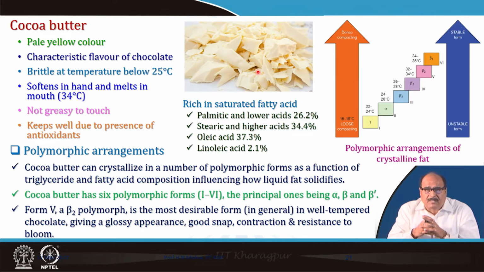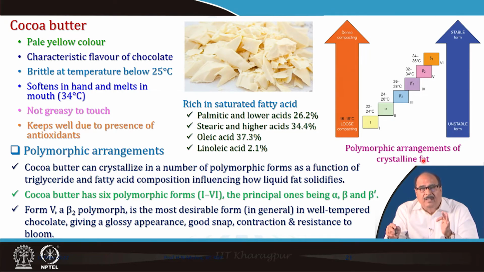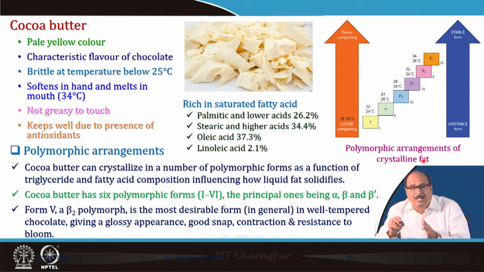the various food processes. As you can see here in the different polymorphic arrangement of the crystalline fat, okay, that is butter can crystallize into a number of polymorphic forms as a function of triglyceride and fatty acid composition, influencing how the liquid fat solidifies. You can see generally 6 polyforms are produced.